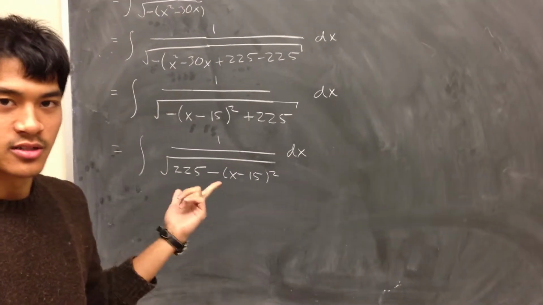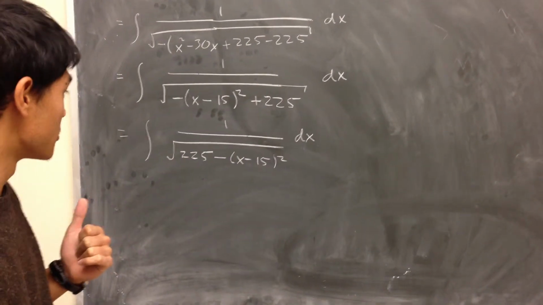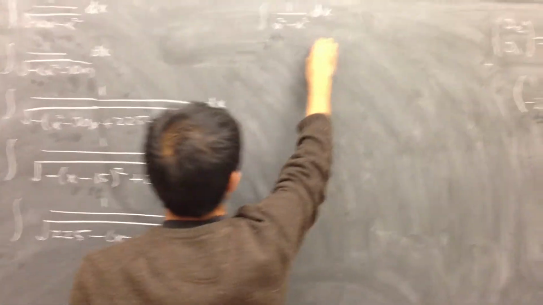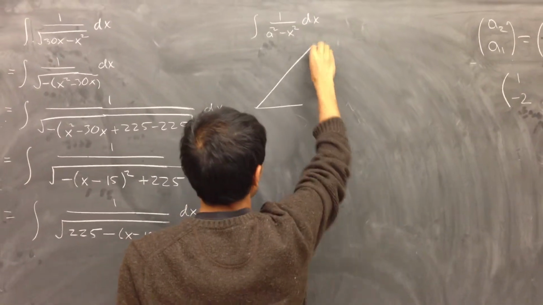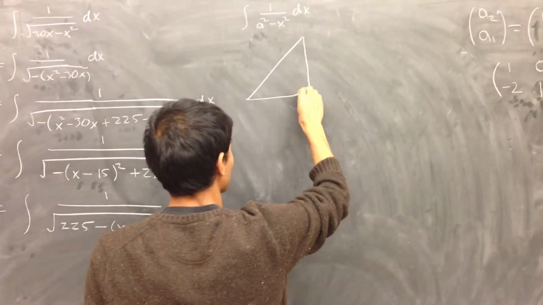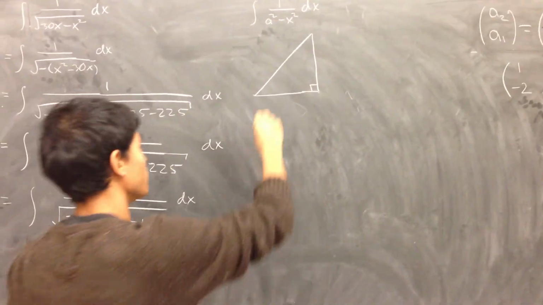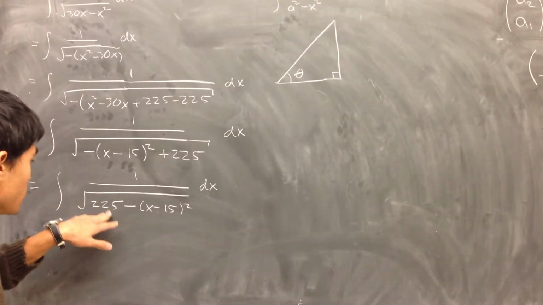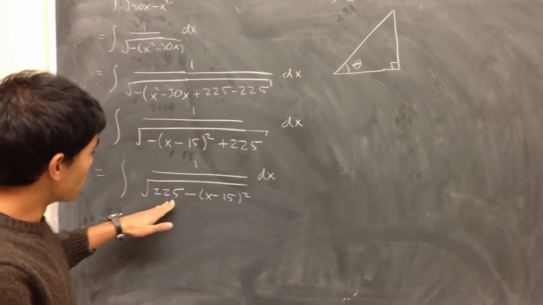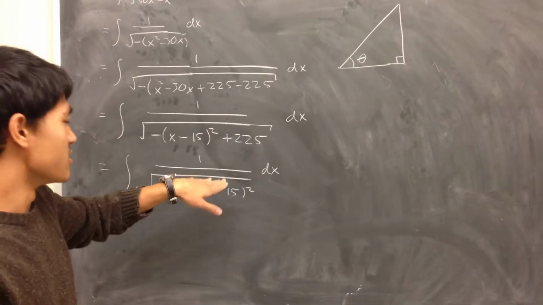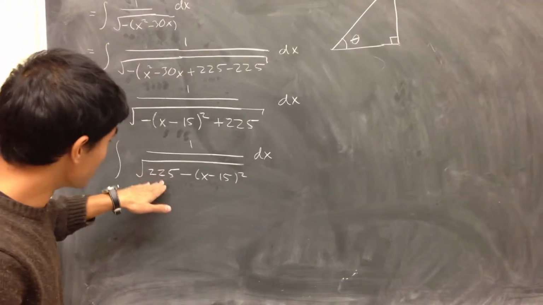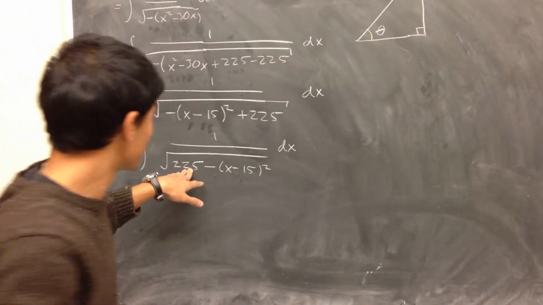Okay, so now we're ready to use our trigonometric substitutions. To do that, we have this triangle, a right angle, and we pick some theta here. Because we have this form a squared minus some variable squared, we know that this number will be on the hypotenuse.